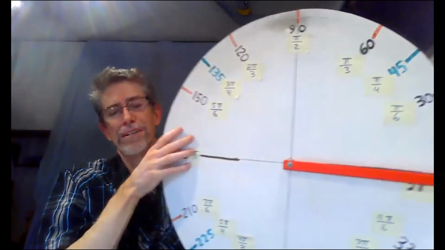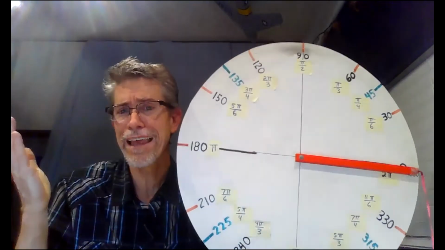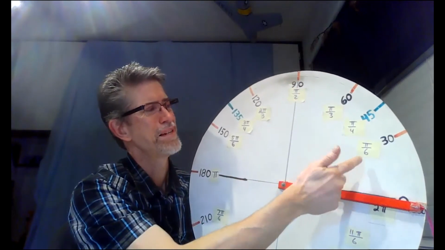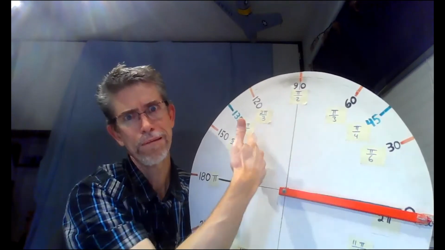And everybody argues over it, right? What's the best system? I like degrees. The world tends to use degrees, but math people really like the radians. Okay, I'm not one of those math people. However, there are problems where we actually need to use the radians and it makes your life easier. It was really popular before the calculator was invented.